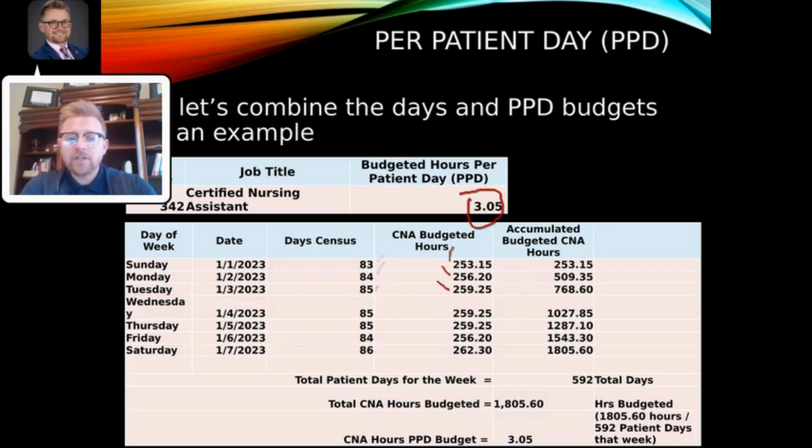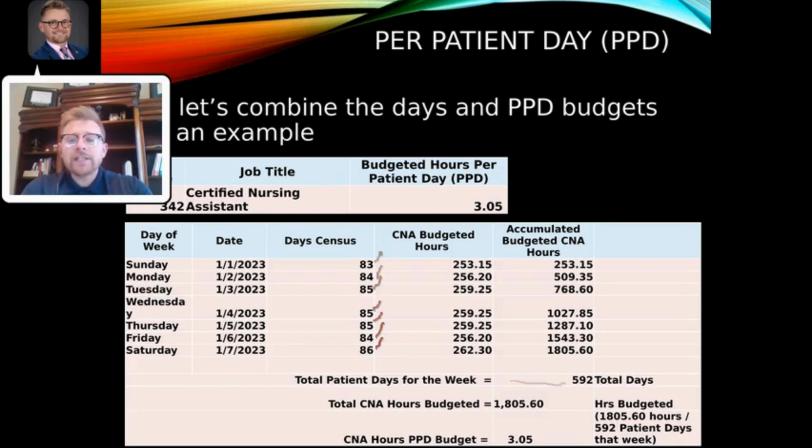Well, same thing. You're just going to add up the daily budgeted hours based upon that PPD. So as of Tuesday, your total CNA hours you're allowed to run up to that point in the period is 768.60. So when you get through that whole period, which for us is 1 week, you'll find the total patient days is still that 592, which, again, all we're doing is adding these numbers, the heads in the bed per day, will give us 592 patient days for that period.